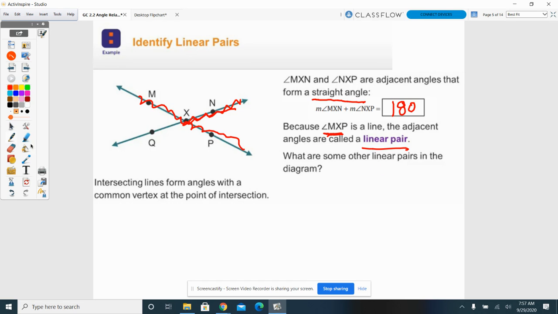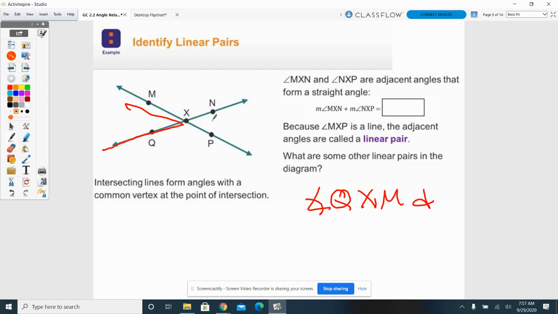What are some other linear pairs in the diagram? Okay, so another linear pair would be QXM. And what one makes a linear pair with this? Well, there's two. If I go this way, that would be angle MXN.